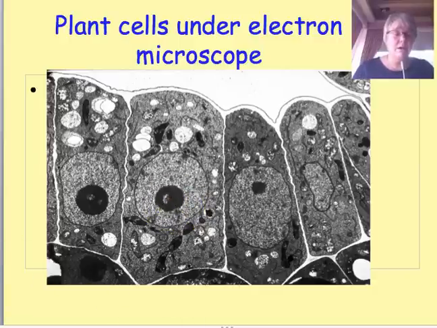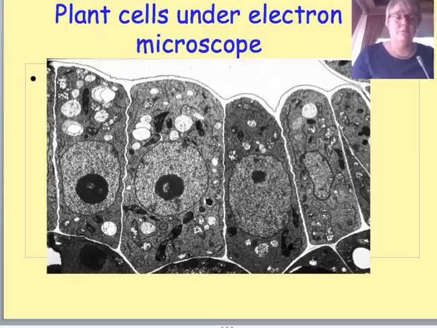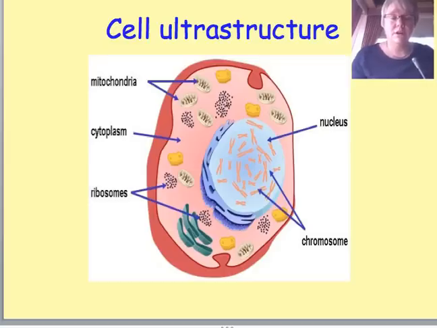So we're going to have a look at some of the structures that you need to know in more detail inside the cell. In other words, the cell ultrastructure. We call these organelles inside the cell. And one organelle that you may or may not have heard of is this one here called the mitochondria. Now, mitochondria are involved in aerobic respiration in the cell.